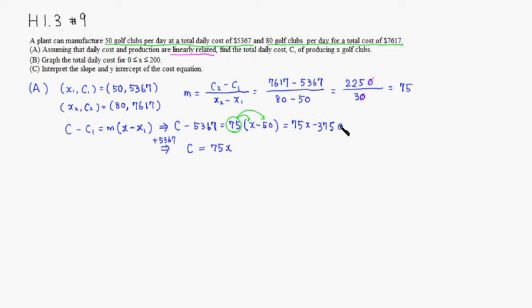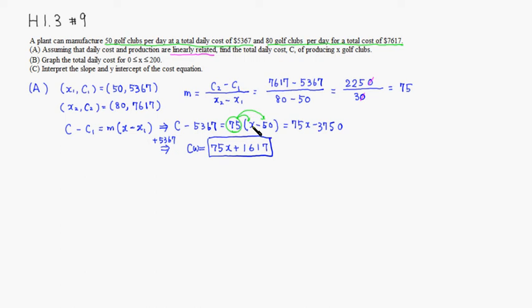So 7 minus 0 is 7, 6 minus 5 is 1, 3 minus 7, you have to borrow 1, so that will be 6, and 4 minus 3 is 1. So we have that. The cost function is C of x equals 75x plus 1,617. So that's part A.